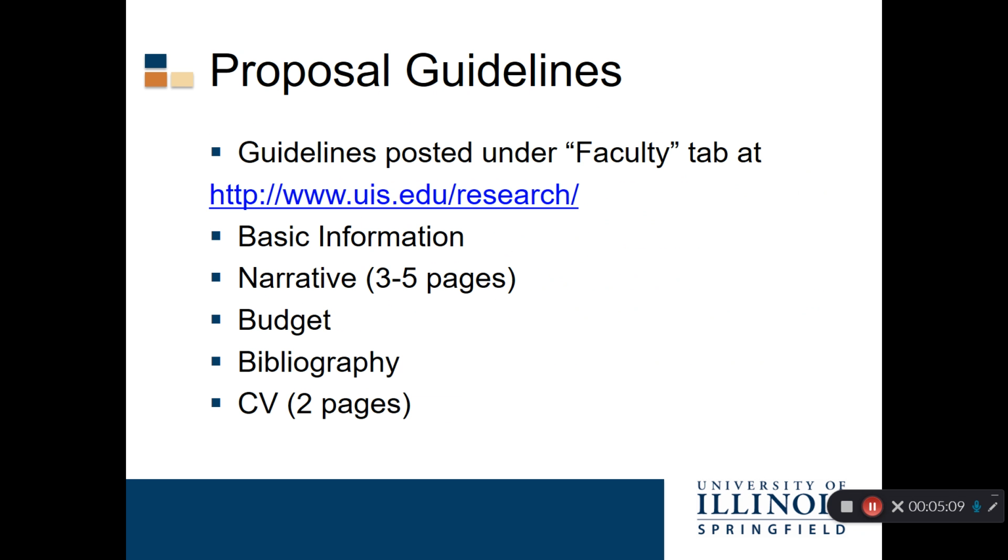It needs to describe the purpose of the project, what the need in the field is, and also how it's going to help you in your research agenda or professional development, and your timeline, your methodology, your expected outcomes. Are you going to maybe get a paper out by the end of this, or a presentation, or get preliminary results that you could use for an external grant?